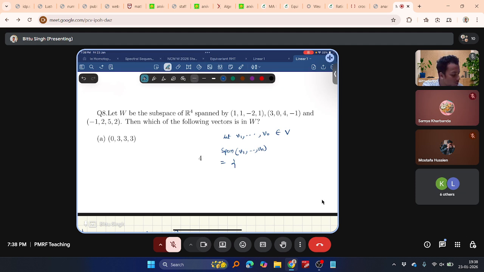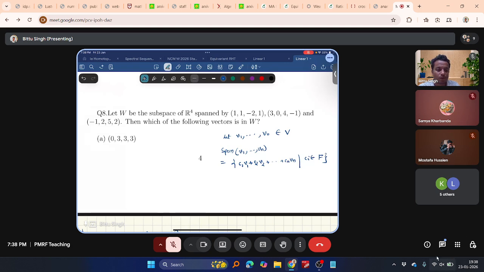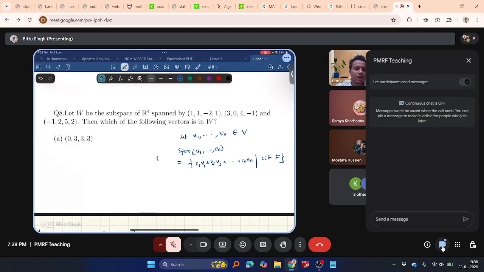Linear combination means there are some scalars and addition like this, scalar multiplication and addition, C1V1 plus up to CnVn, such that those Ci are taken from field F. So this is the definition of the span.